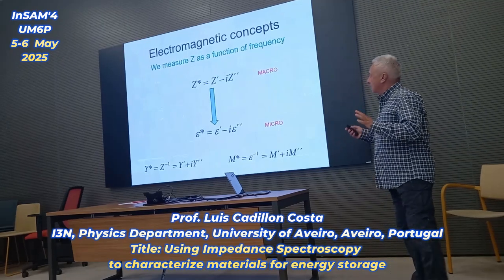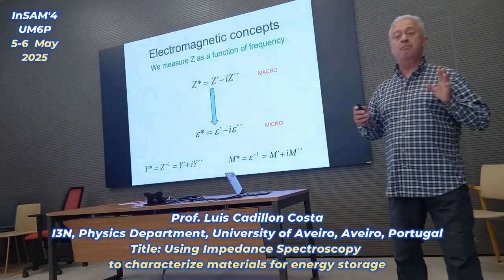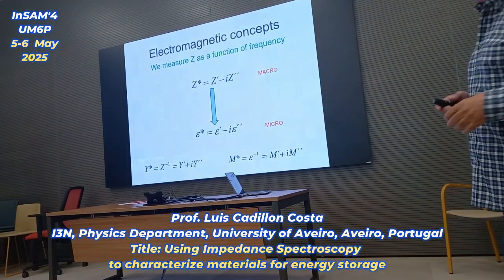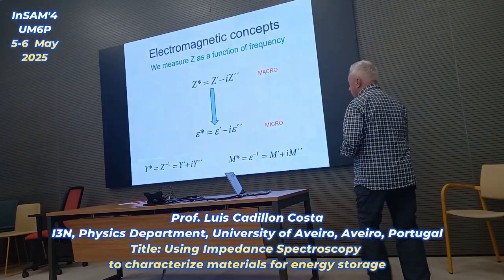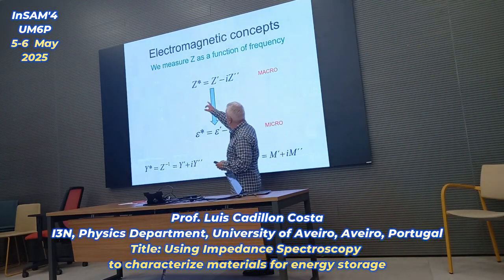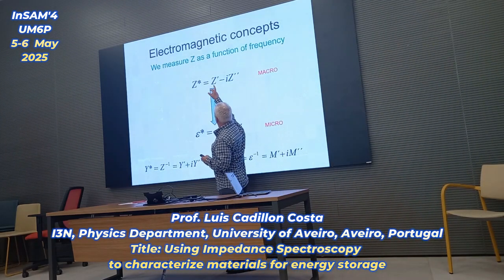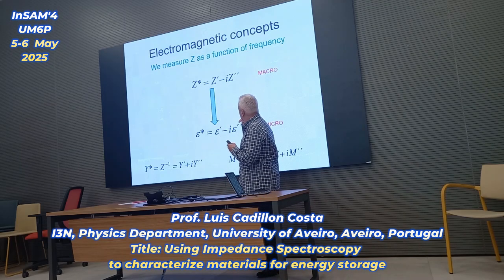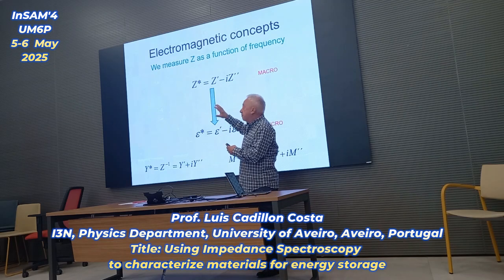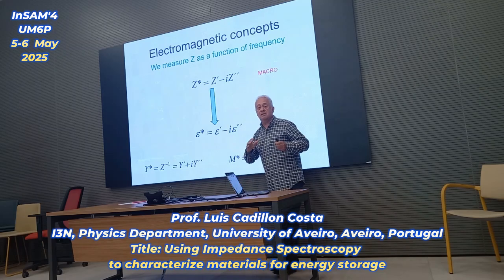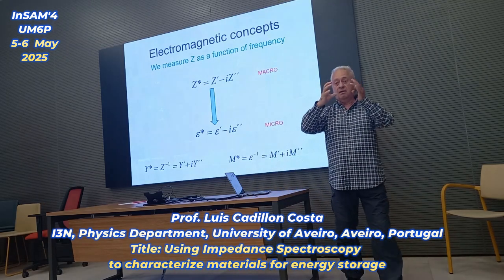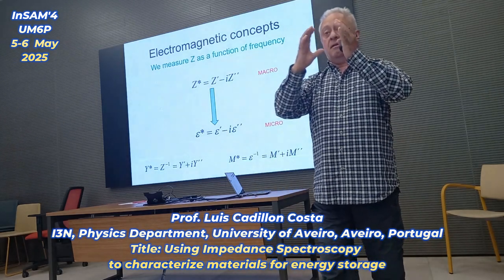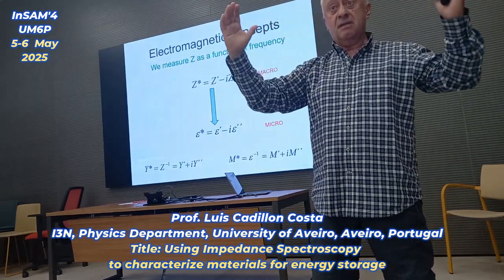Let's start with this very simple concept. It is impedance. Impedance is a complex number, Z asterisk, with a real part, Z prime, and an imaginary part, Z double prime. This is a macro property, a property that depends on the size of the sample. If you have a sample like that or like that, it is different.